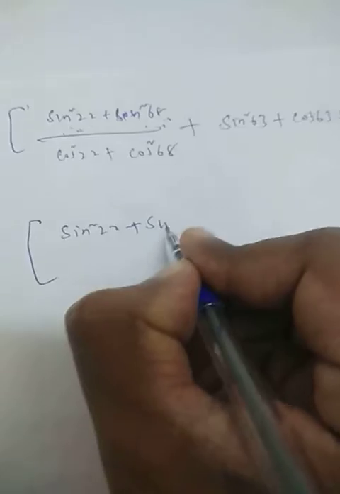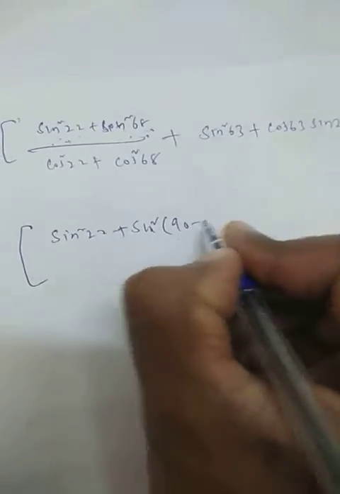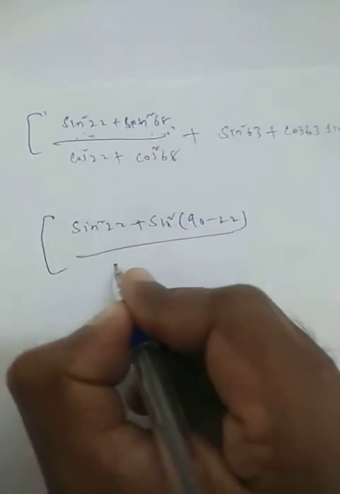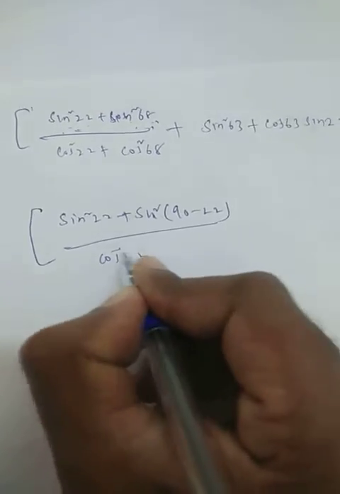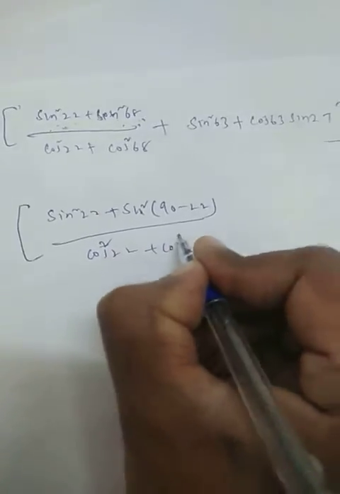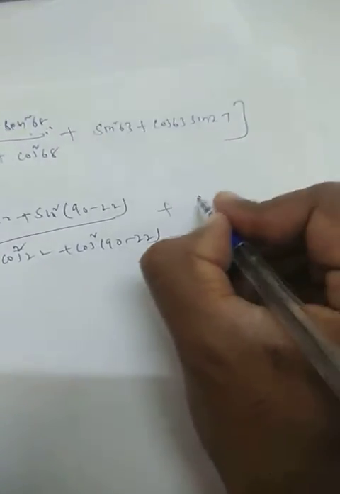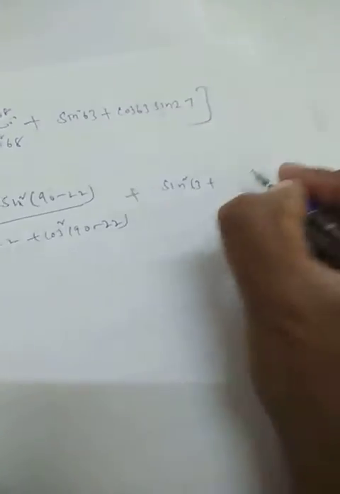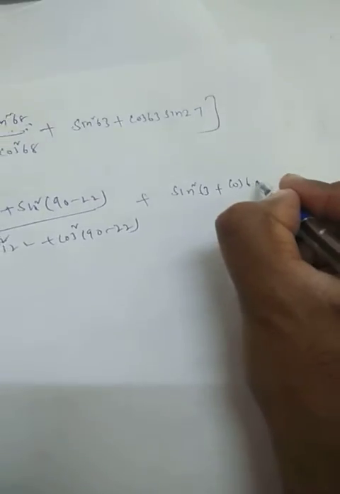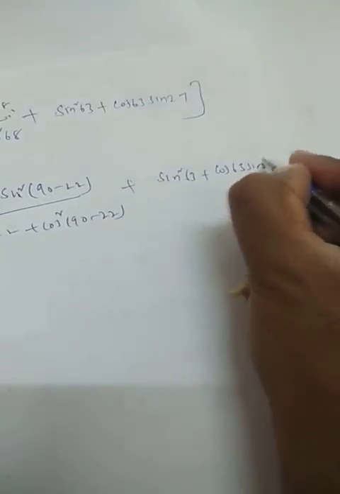How can I write? Let us see. This can be given as 90 minus 22. I don't want to modify this right now, I was writing this as it is.